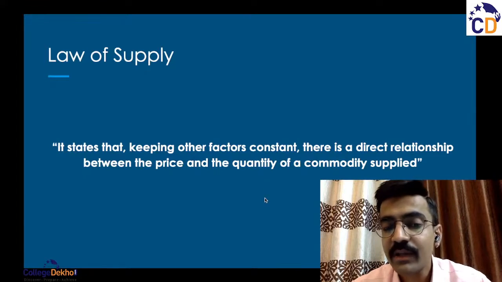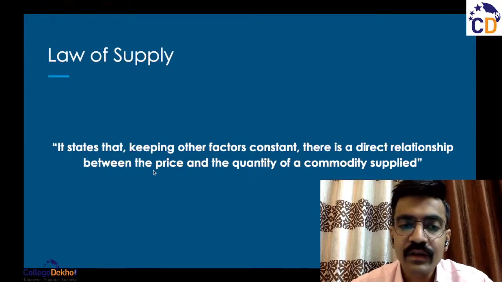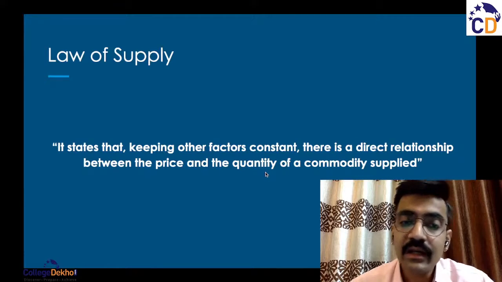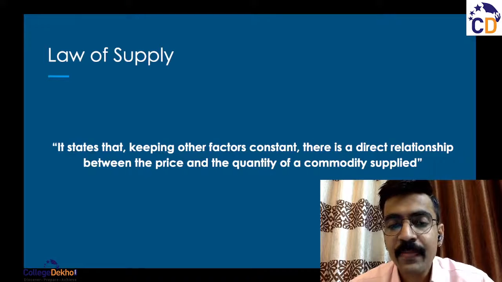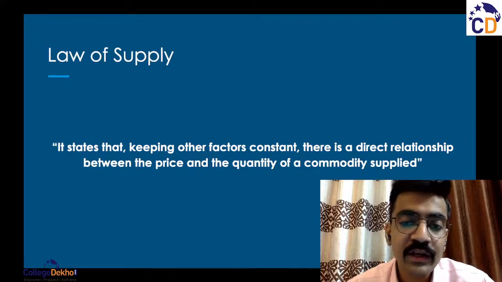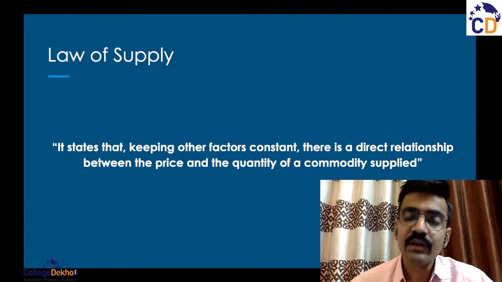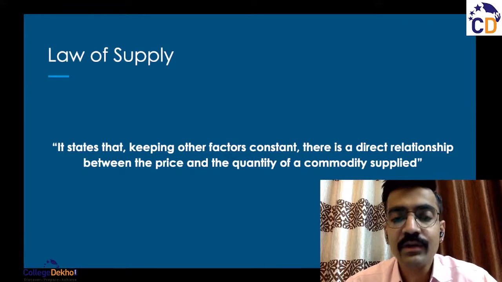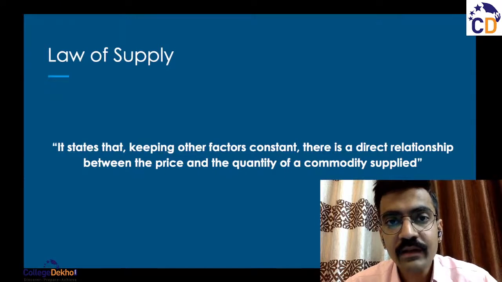Right? Now, what is the logic behind this? So if the price is decreasing, the supplier would supply less of this commodity, right? And why would he or she do so? Because if there is a shortage in the market, the consumers will demand this product more and more, right?